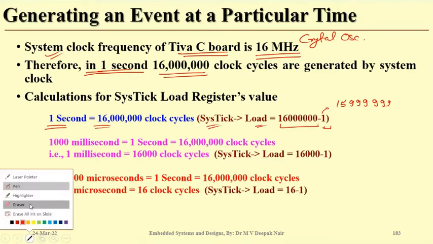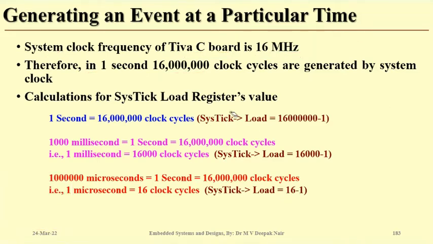Secondly, if you want millisecond-based accuracy, we know that 1000 milliseconds is 1 second, which requires 16 into 10 to the power 6 clocks.